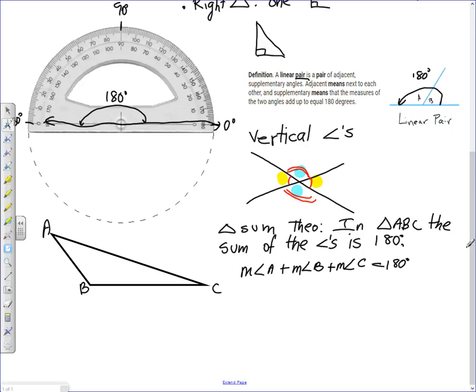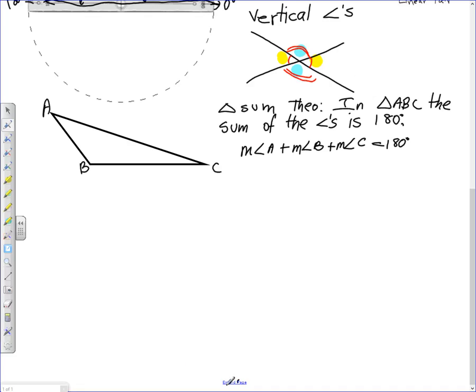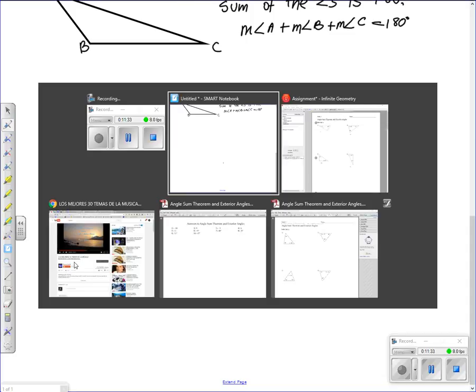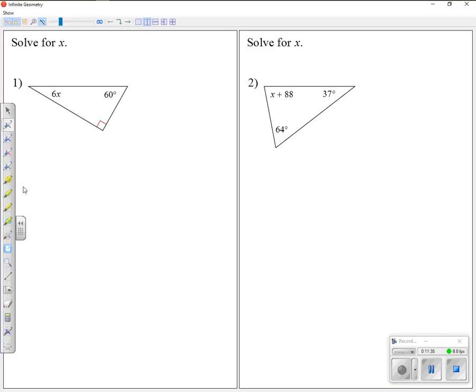Now, let me do some examples. So let's call this example number 1. Okay, this is example number 1. Let me take a picture. They're asking me to find x.